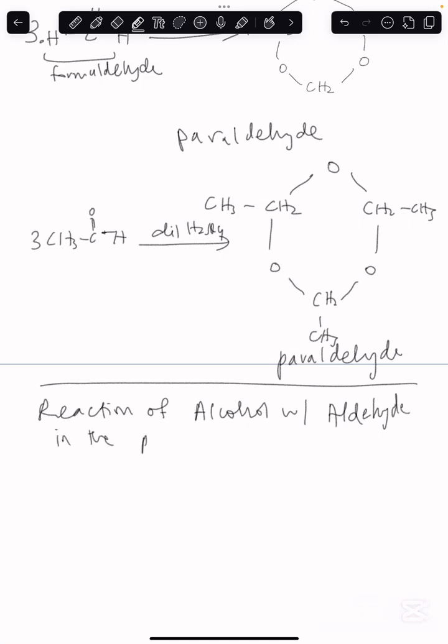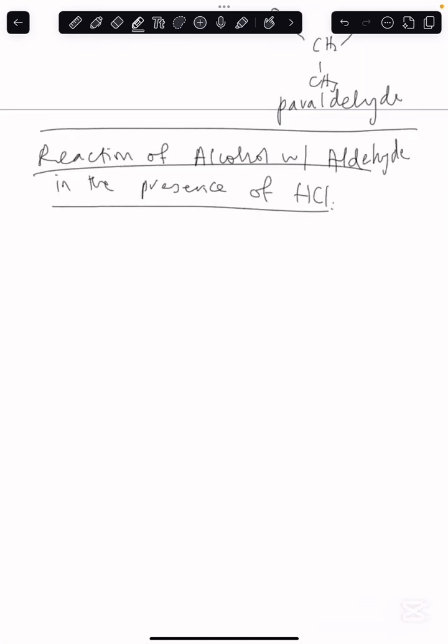Now the next is the reaction of alcohol with aldehyde in the presence of hydrochloric acid. So the reaction actually results in an acetal, and HCl acts as a catalyst, and it must be dry gas.